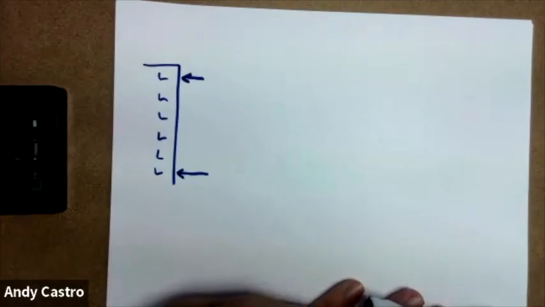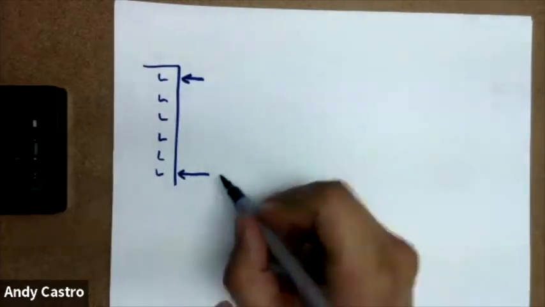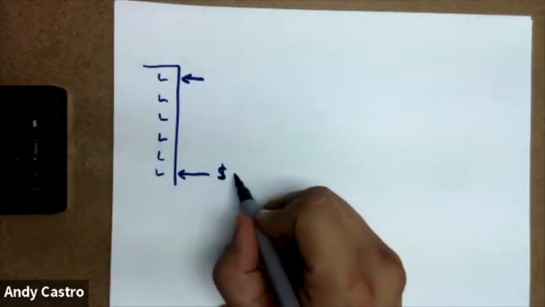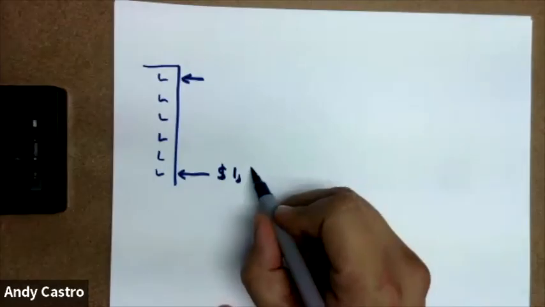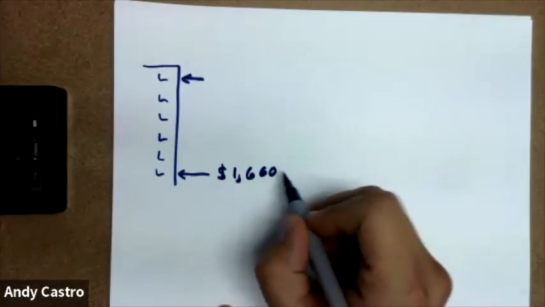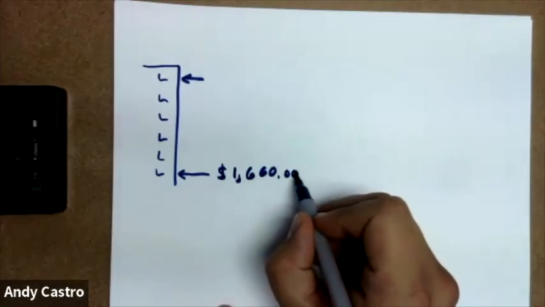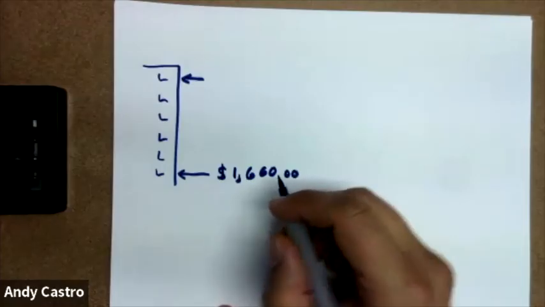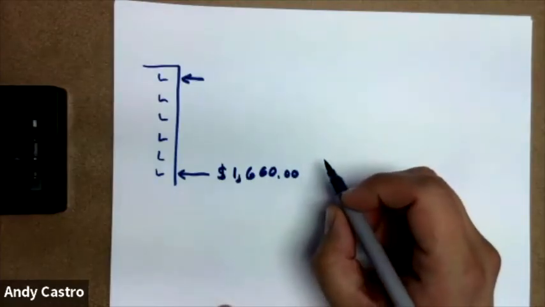Okay. The ground floor, or floor 0, that rent is $1,660 a month.